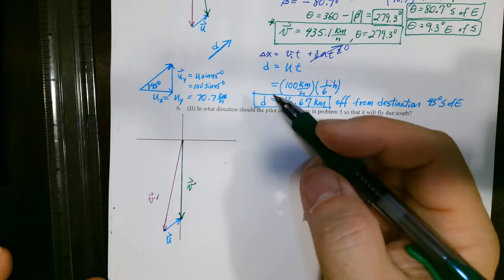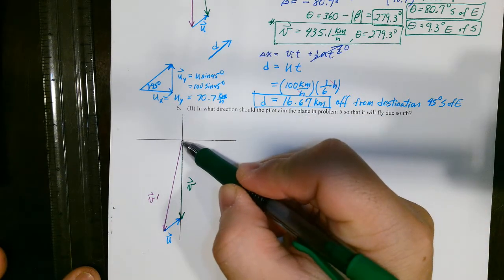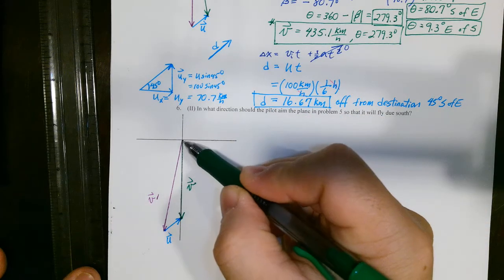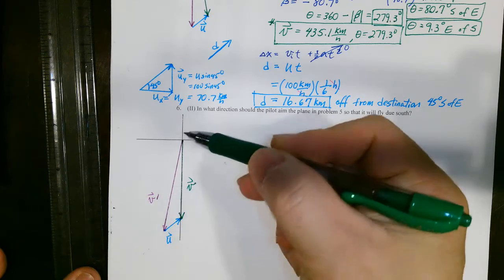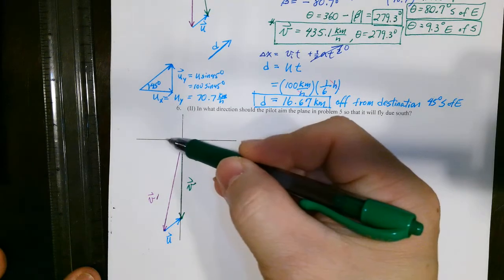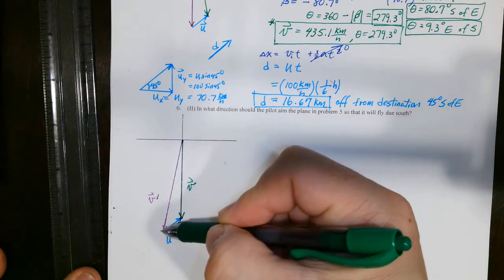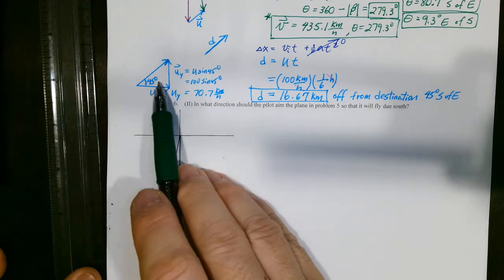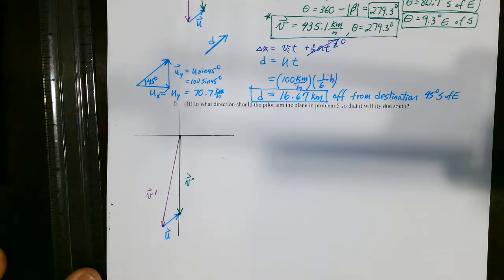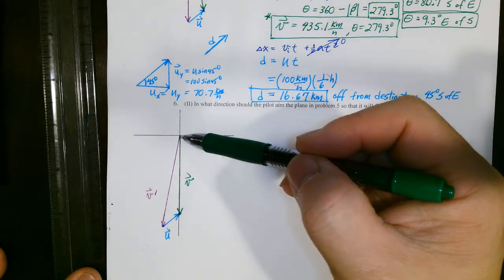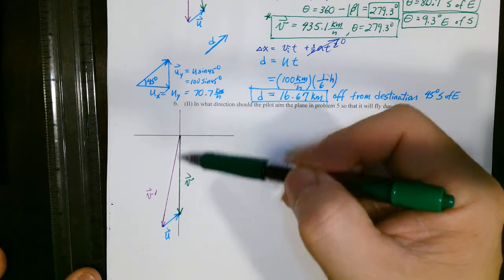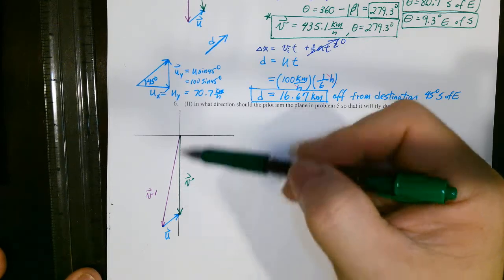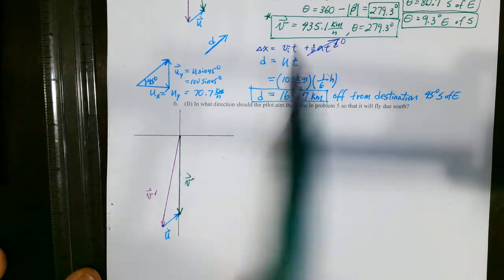So we have to find this in component form, V prime X and V prime Y. We already know what Ux and Uy are, because that's not going to change. And when I add them up, I should have 0 x hat for V and something negative for my Vy.